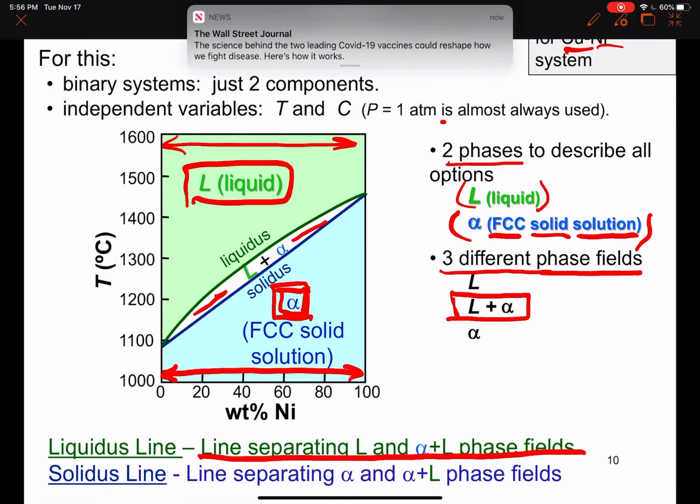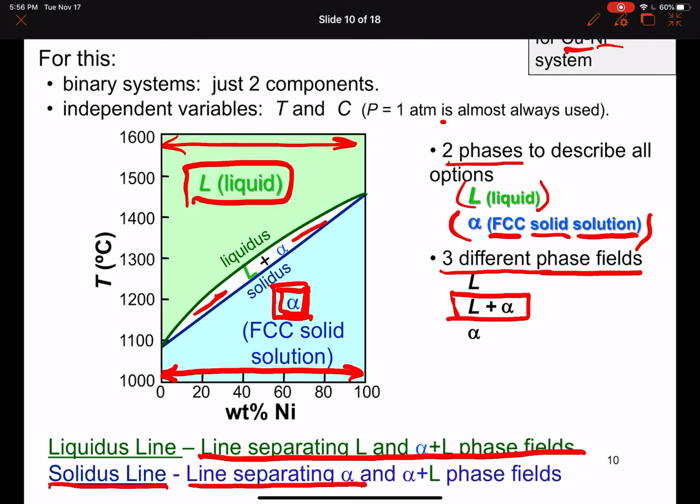The Solidus line also acts as the line that separates the alpha phase from the 2-phase area that is alpha and liquid. Okay. So these Liquidus lines are alike to the solubility limit that we had a moment ago, and likewise for the Solidus line. Very good.